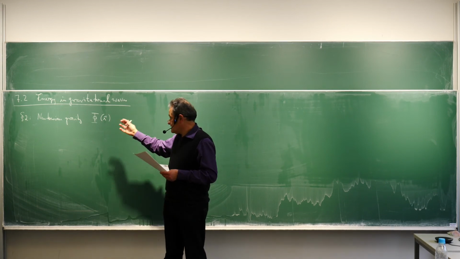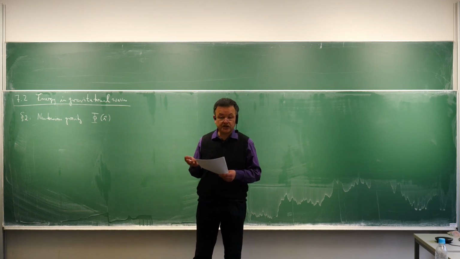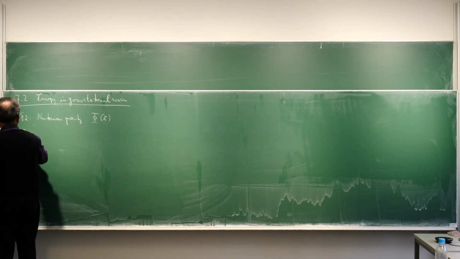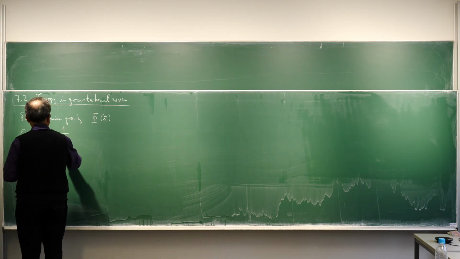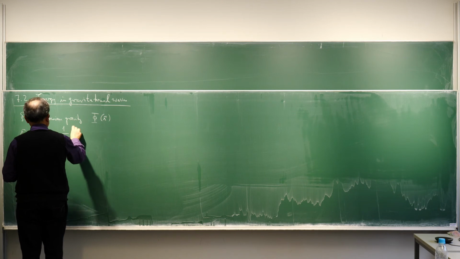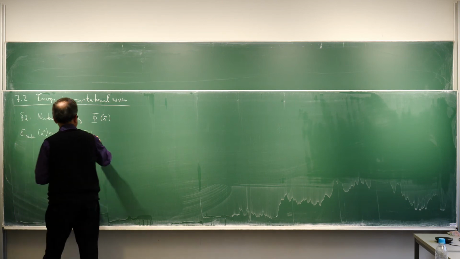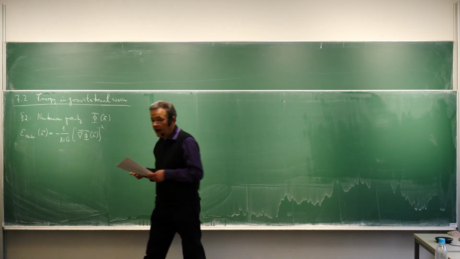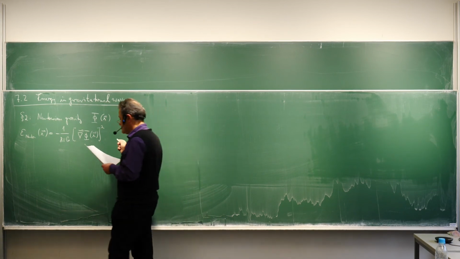And in that limit of Newtonian gravity, you can associate an energy density with the gravitational field. So we have E Newton of x is minus 1 over 8 pi G (nabla phi of x) squared. And recall the nabla phi, this we call the gravitational field or gravitational acceleration g.